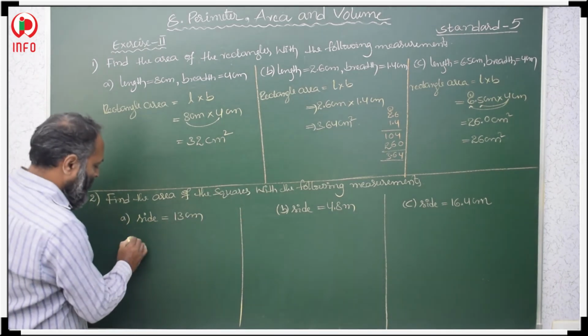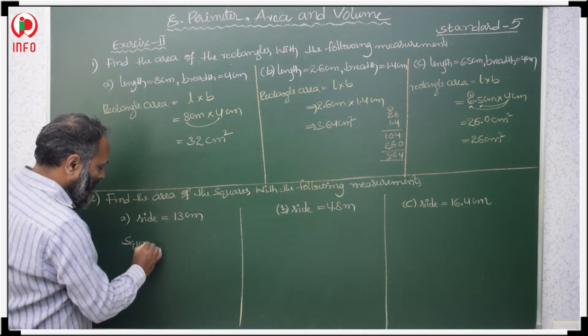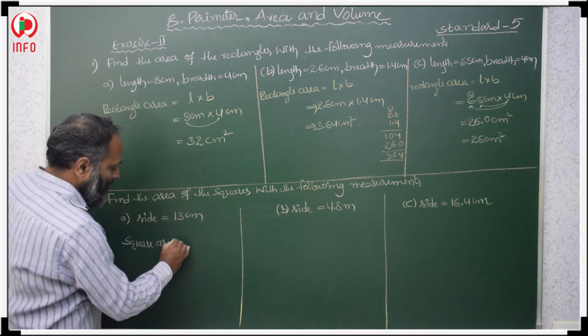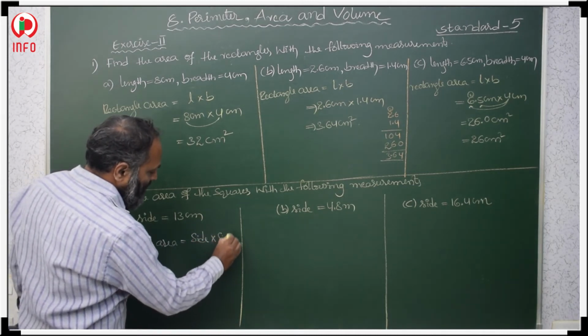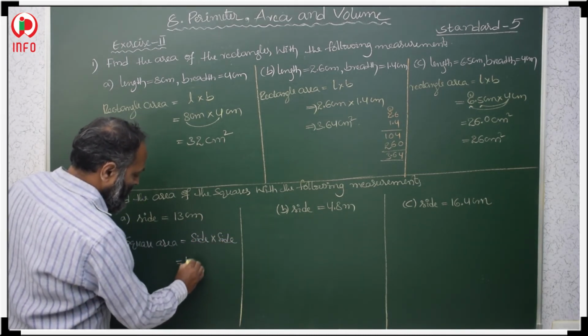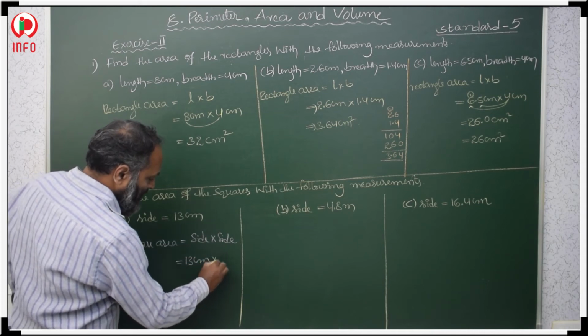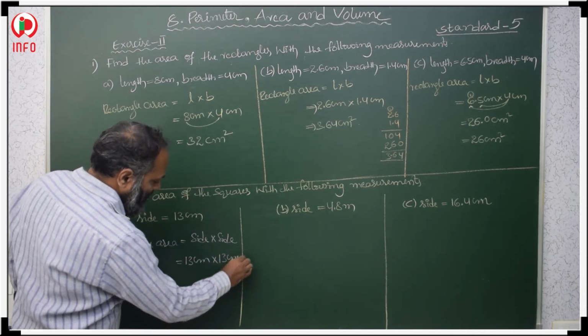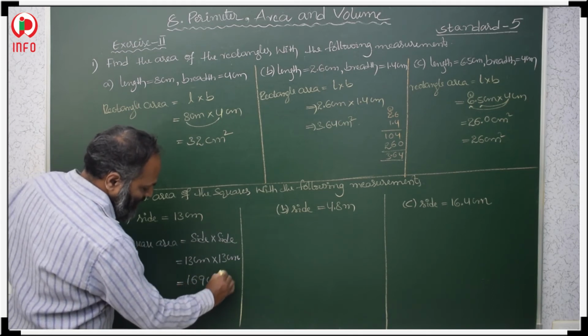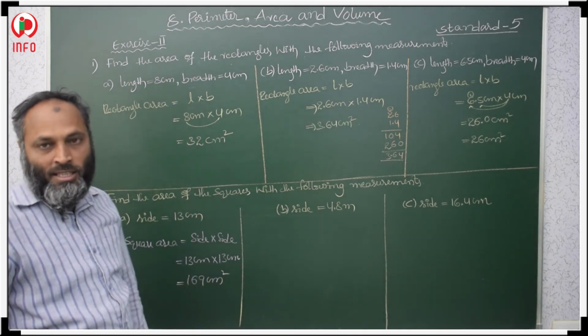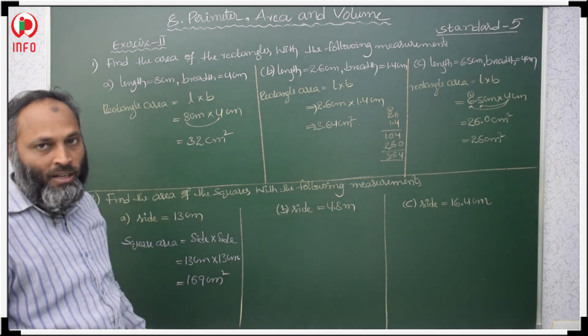Then square area is equal to side into side. Side is 13 centimeters into 13 centimeters. 13 13s are 169 centimeter square. Square centimeters. Area is in square units.